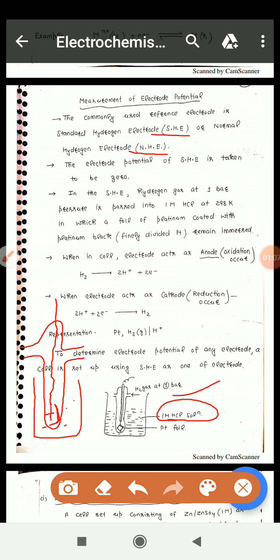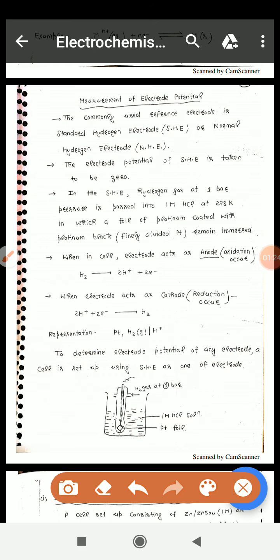Hydrogen gas is passed through this open end at 1 bar pressure. So this is the complete structure of the standard hydrogen electrode.